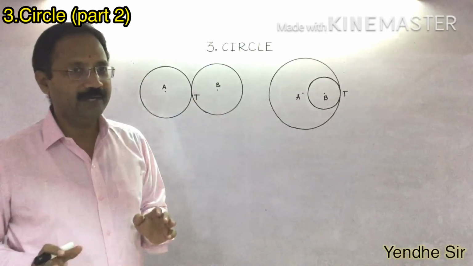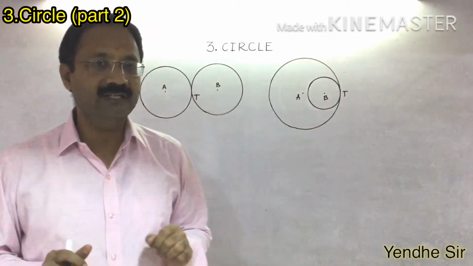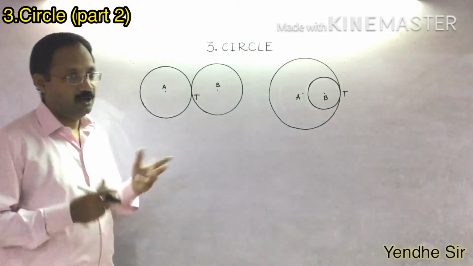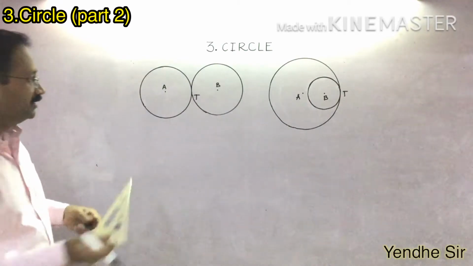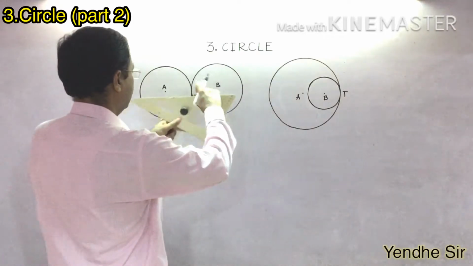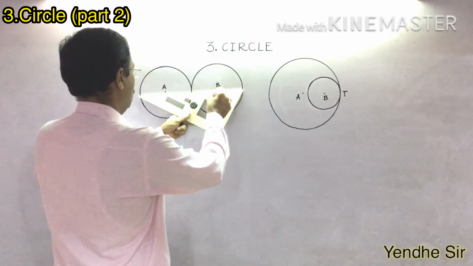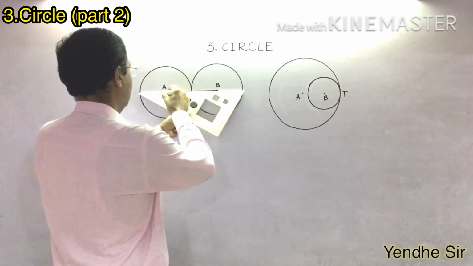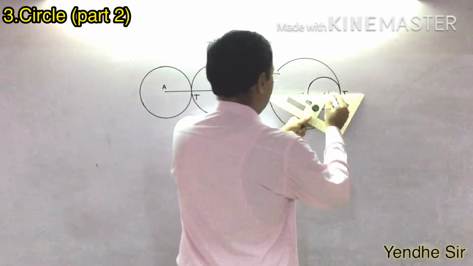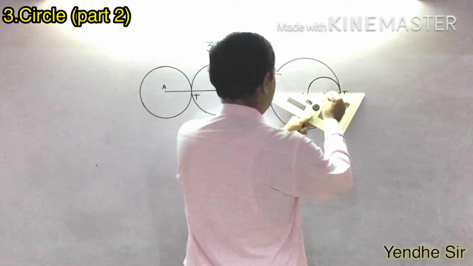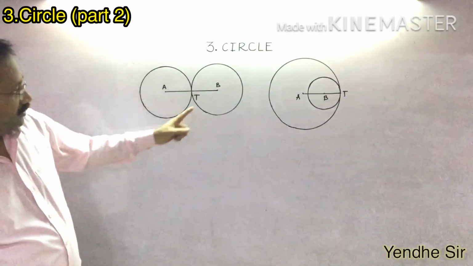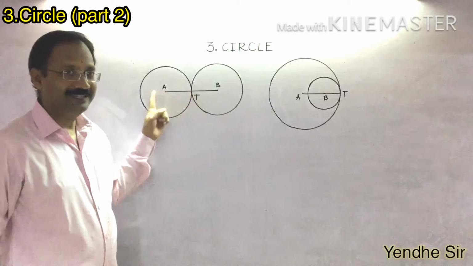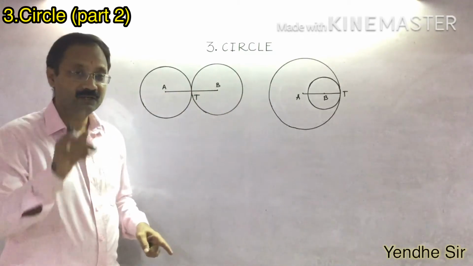So if you want to find out the distance between their centers, let's see how to find it. If I join their centers, what do you find? See this one and see this one. You will find that the intersecting point and their centers are collinear.